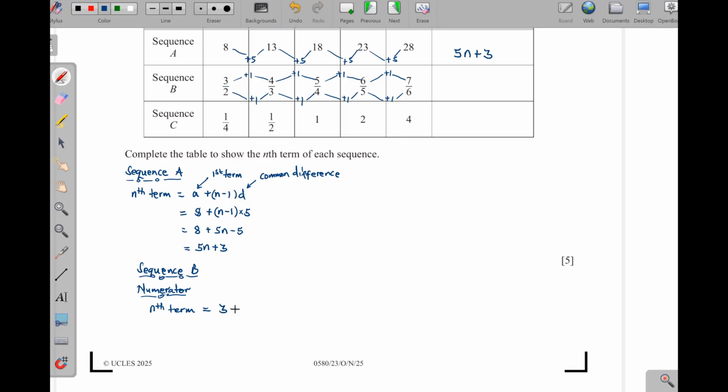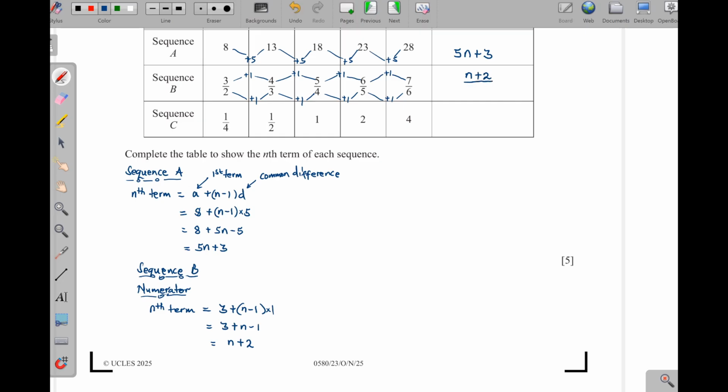So we have the 3, then plus n minus 1 times the common difference, which is a 1. So meaning you have 3 plus n minus 1, which is n plus 2. So then in the numerator, I have n plus 2.